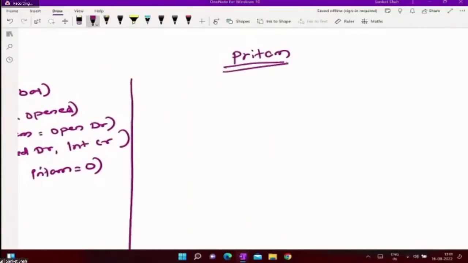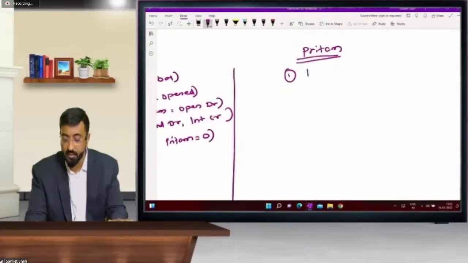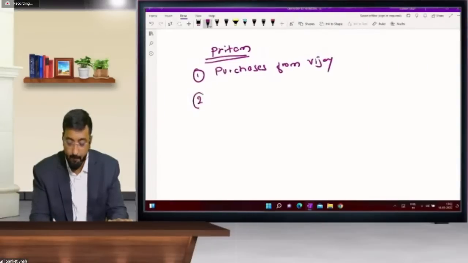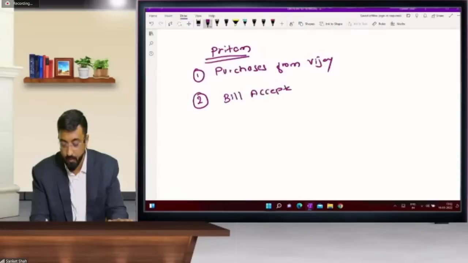In the books of Pritam. Yes, you only tell me in the comment section. Come on, fast. One more, Pritam's books. Yes, who is going to answer Pritam's books? I will write the sequence for you. I want the sequence.